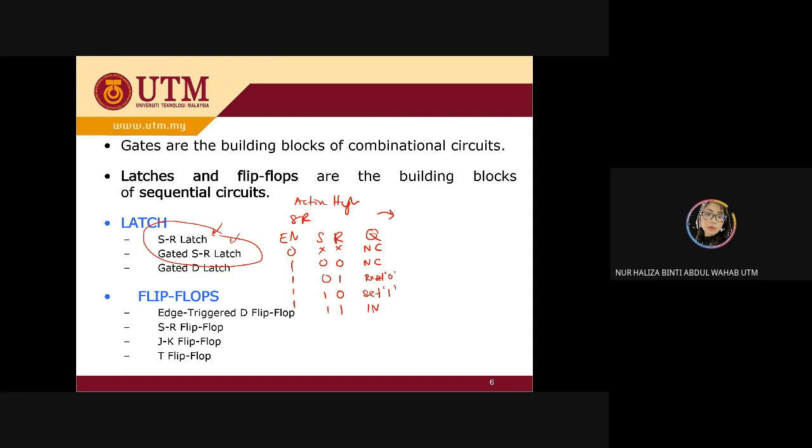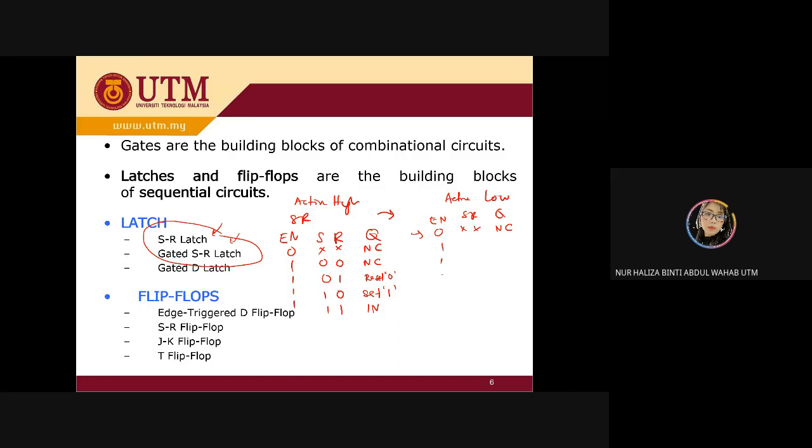It will be vice versa for your active low. For active low, EN, S, R, Q will be similar if EN is equal to 0, because everything is turned off, so it doesn't matter, it's no change.